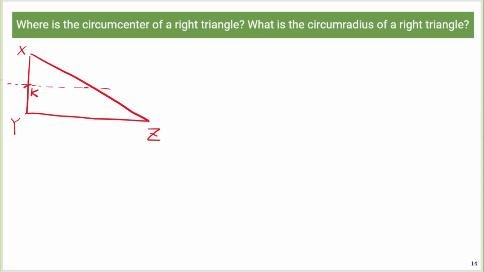So K is the midpoint of XY. L is the intersection between the perpendicular bisector M and XZ. So can you prove L is actually the triangle XYZ's circumcenter?